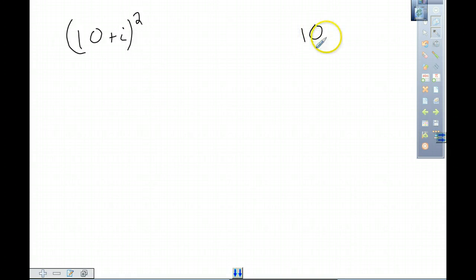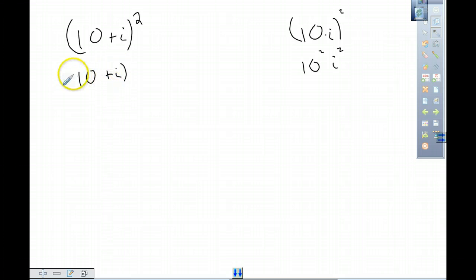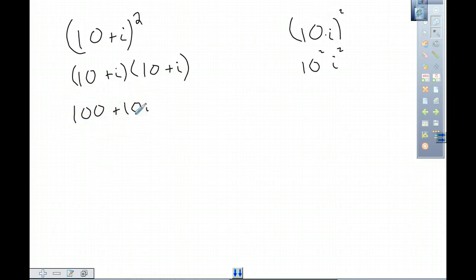If you had 10i and you square it, yes, it is 10 squared and i squared, when it's being multiplied. It does not work on addition. This means 10 plus i times 10 plus i, and then you end up with 100 plus 10i plus 10i plus i squared.